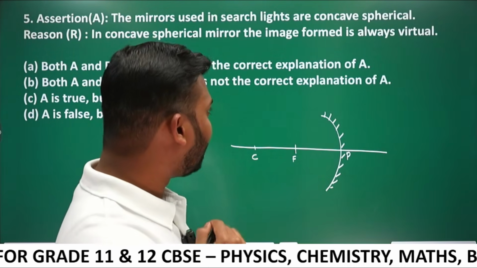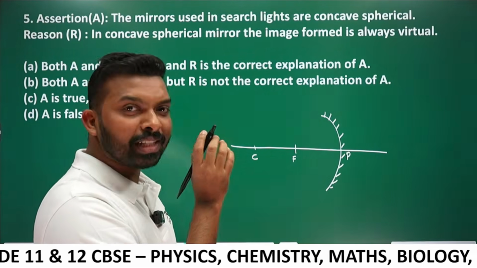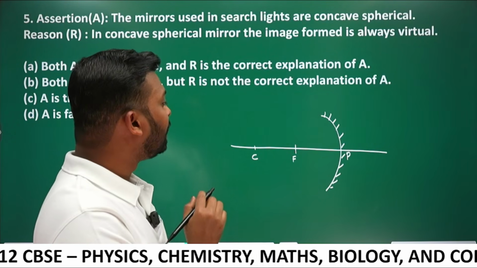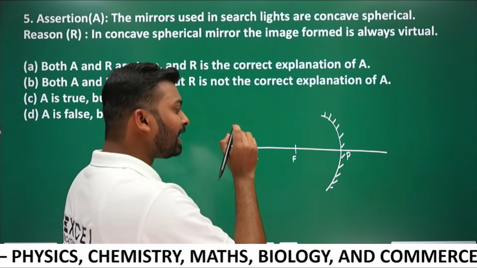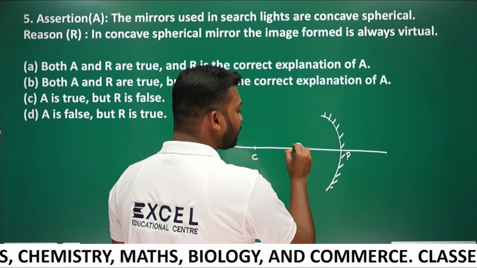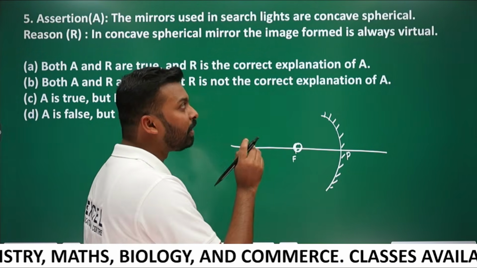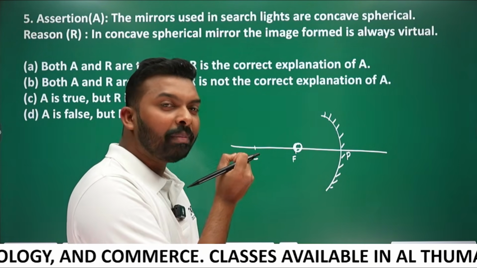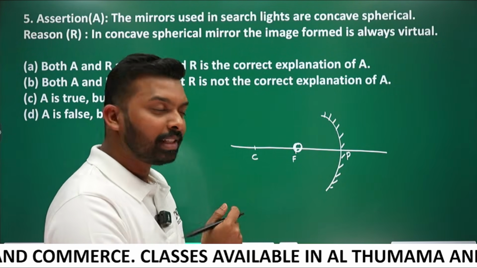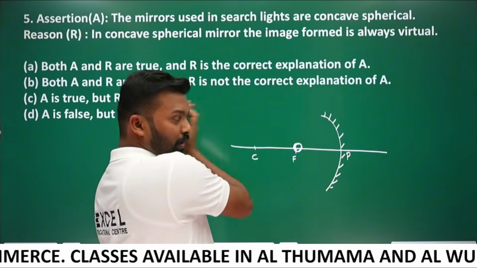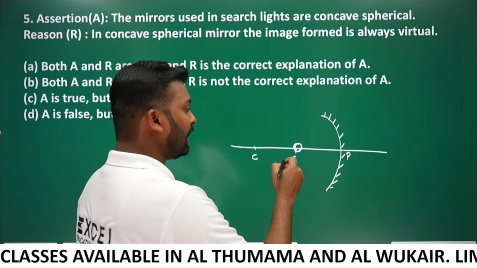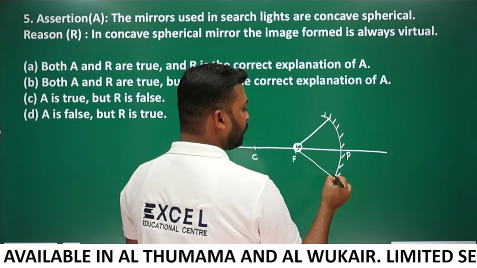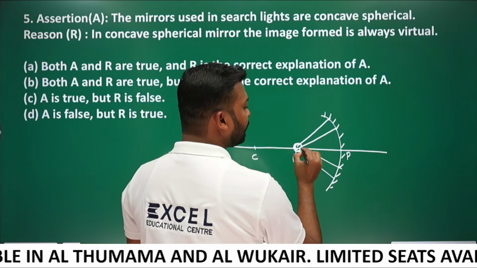Now, what is the principle behind searchlights? The bulb will be kept at the focus. If the bulb is kept at the focus, the light will be moving in all directions. Along with that, it will be moving towards the surface of the mirror also.